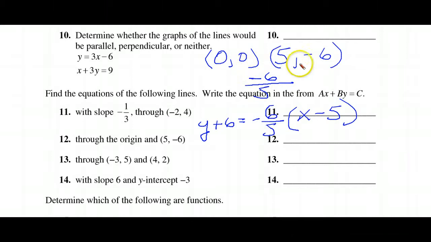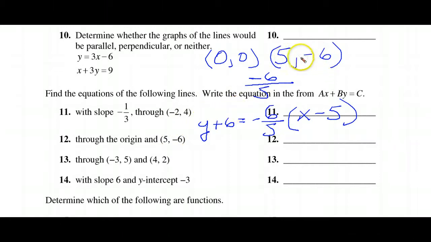Well, I had to figure out the slope first because we didn't have the slope here. So going through the origin, that's your other point, 0, 0. And then this point, 5, -6.